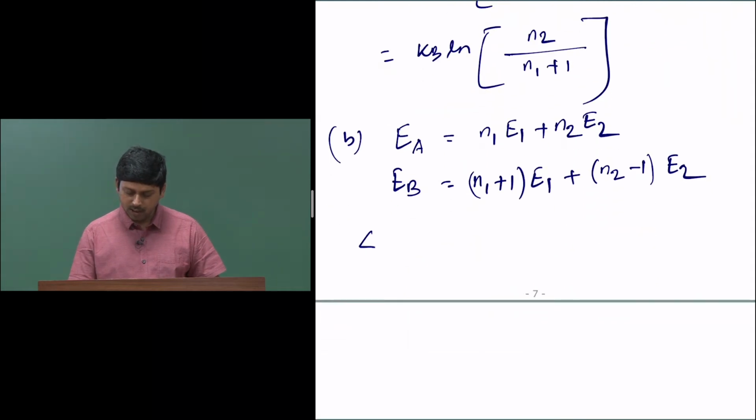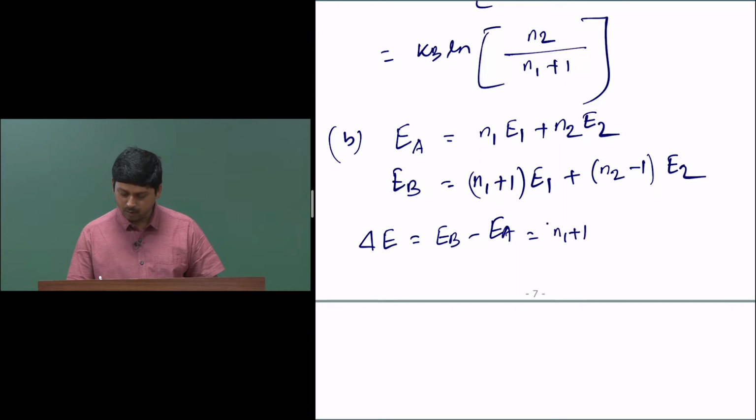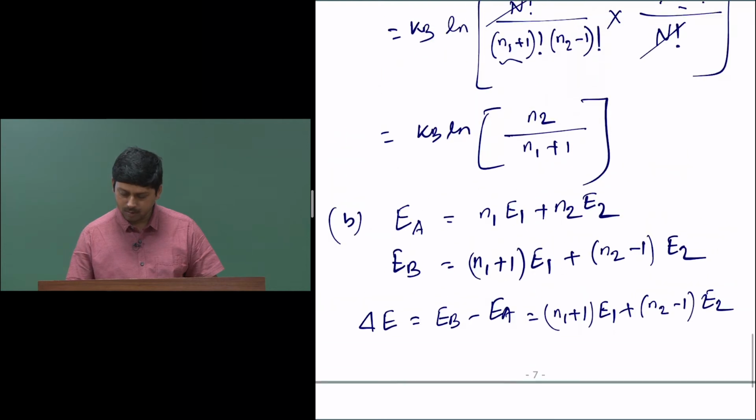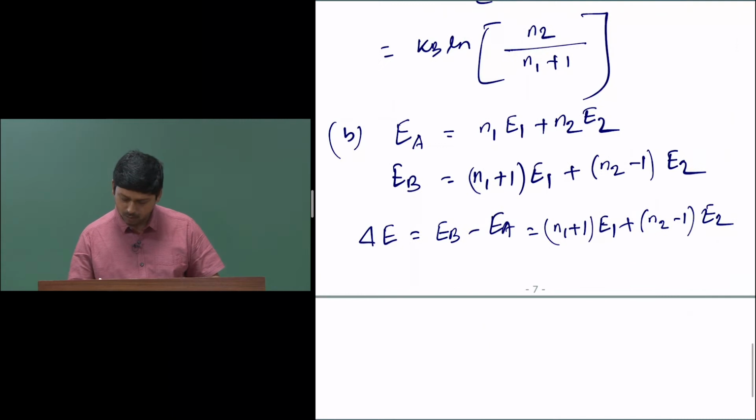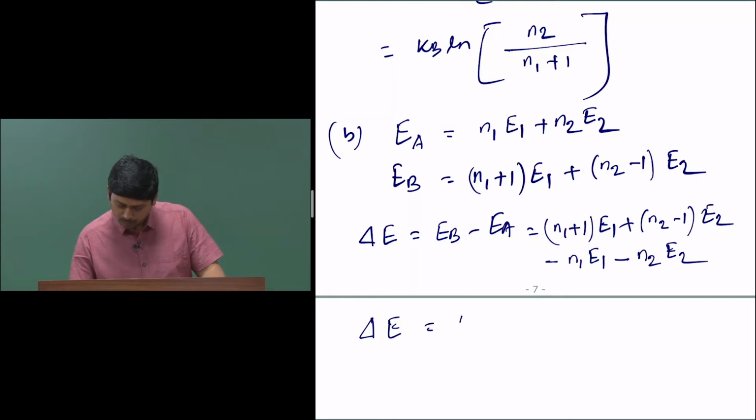So, therefore, the change in the energy of the two level system is E B minus E A, which will be given by n 1 plus 1 E 1 plus n 2 minus 1 E 2 minus n 1 E 1 minus n 2 E 2. So, therefore, delta E is E 1 and the n terms cancel each other. So, it will be E 1 minus E 2.